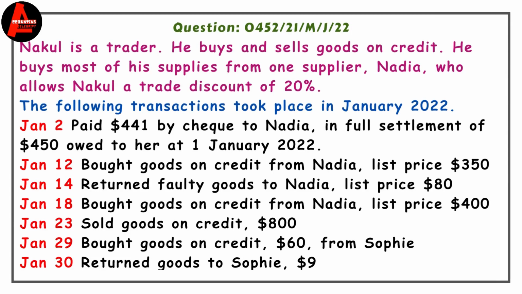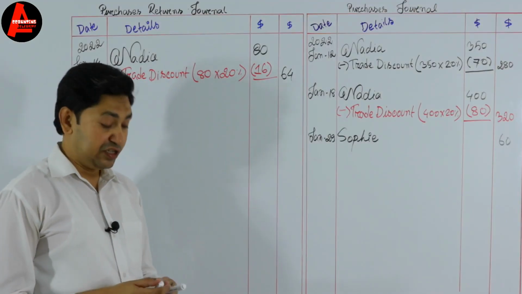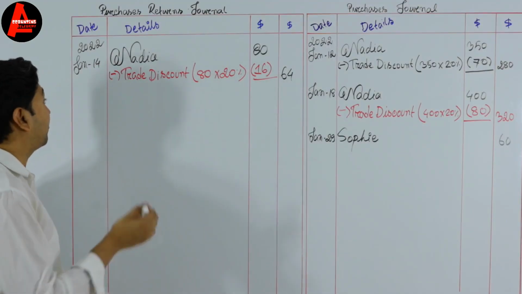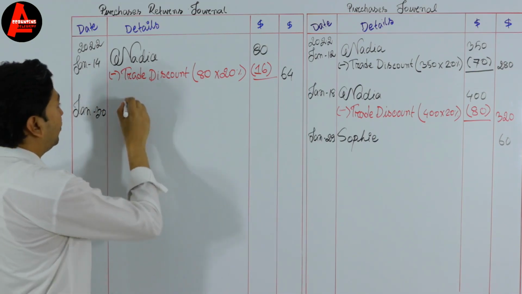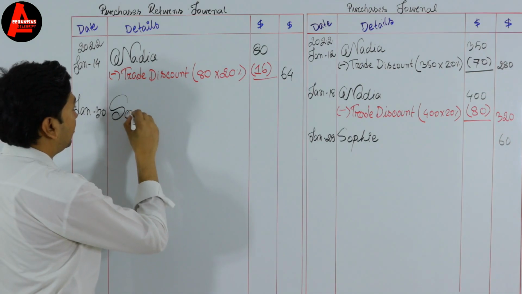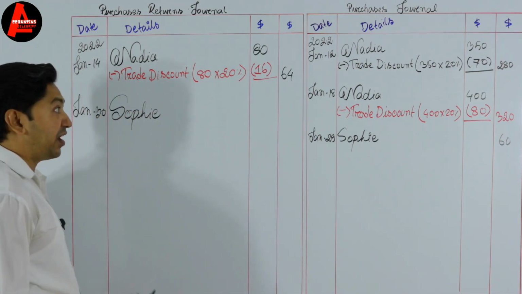What is our next transaction? January 30, returned goods to Sophie $9. Now it is a return related transaction, so we will include it in the purchase returns journal. Let us write the date first, January 30. We will write the supplier name Sophie. What is the price here?